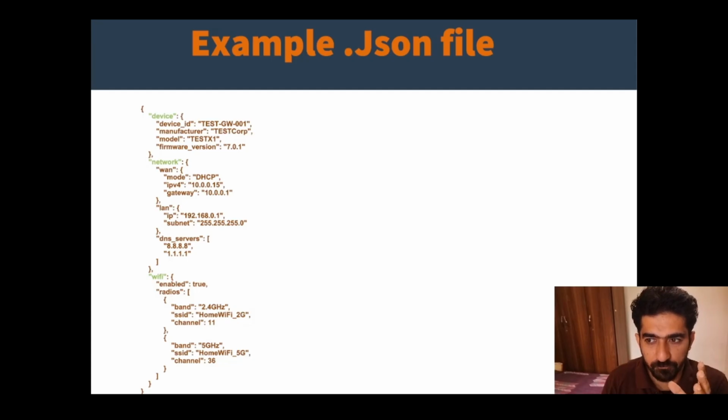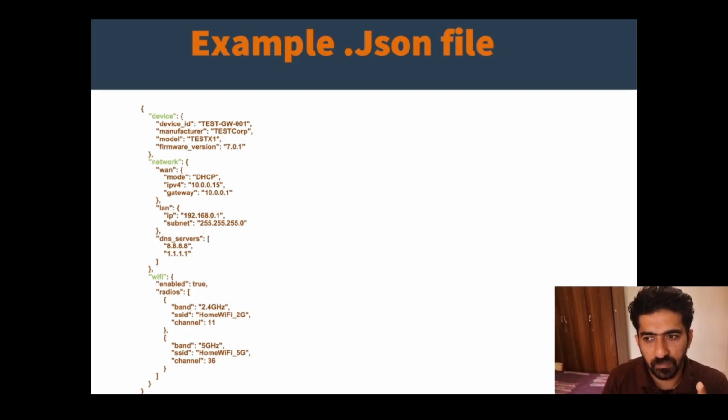Then we have the network object, which has child objects WAN, LAN, and DNS servers. Similarly in Wi-Fi, we have radio as an object. Radio is an array object, and it will create two radio-related entries for 2.4G and 5G. Simple as that.